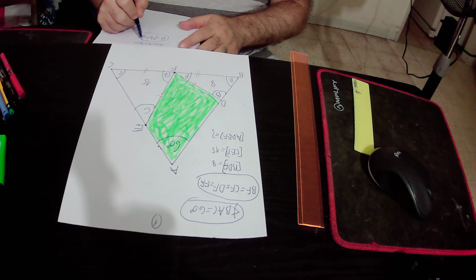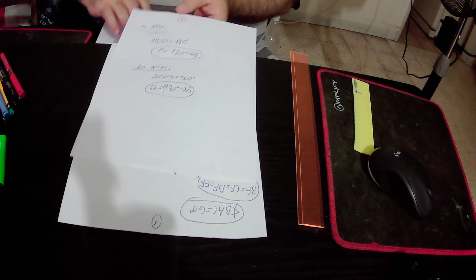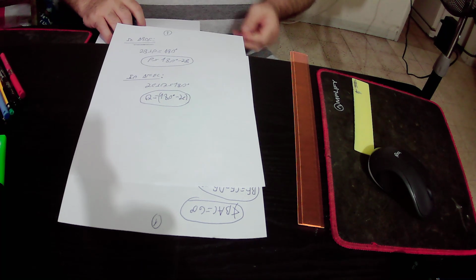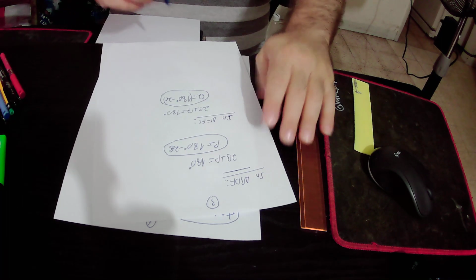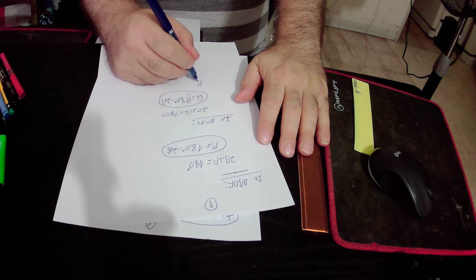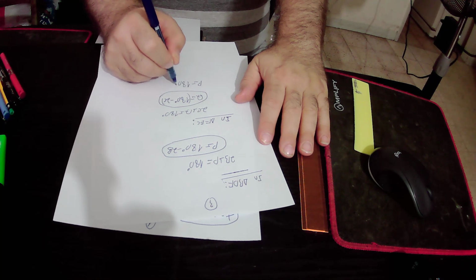Okay, we got that angle Q equals 180 degrees minus 2C, and we've already found out that angle P equals 180 degrees minus 2B.